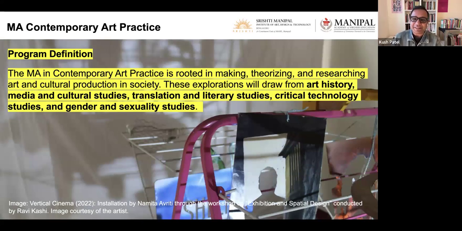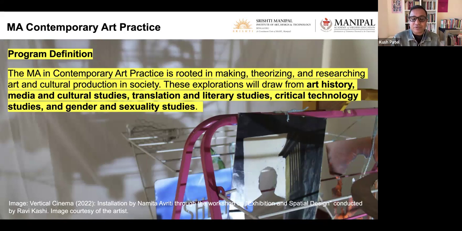Thanks, Anita, Karthika, which brings us to MA Contemporary Art Practice. This is the only program of its kind in the country. You would typically hear of an MFA in Contemporary Art Practice, which is more professional and requires a bachelor's in fine arts. But an MA in Contemporary Art Practice started last year, really rooting the question of making, theorizing, and researching art and cultural production in society.